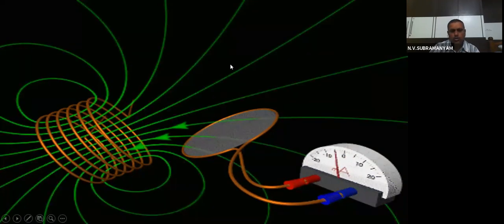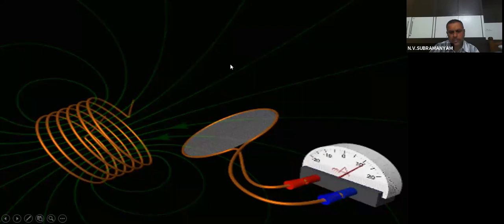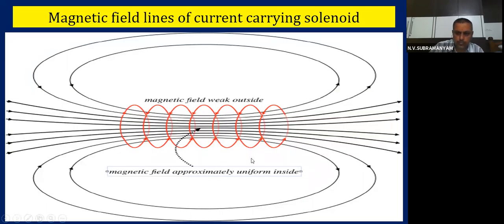So how to map the magnetic field lines? That is what we want to know. For that purpose, here if you see carefully, I have shown the solenoid, children. How is the current flowing in the solenoid? It is like this. Yes or not?